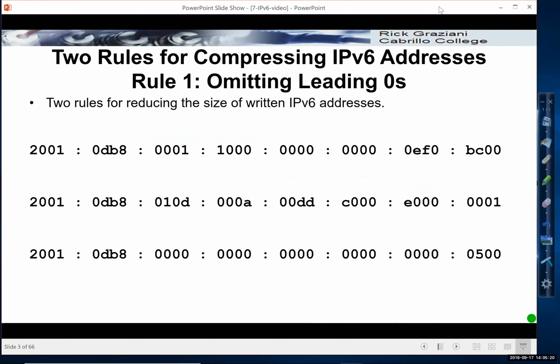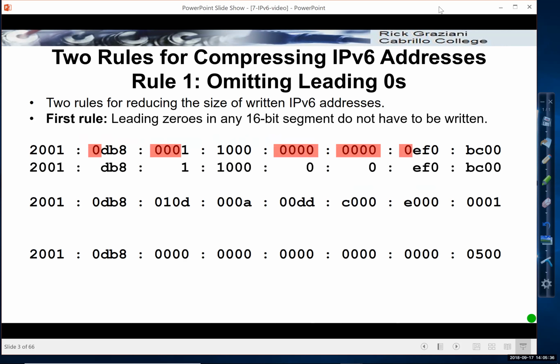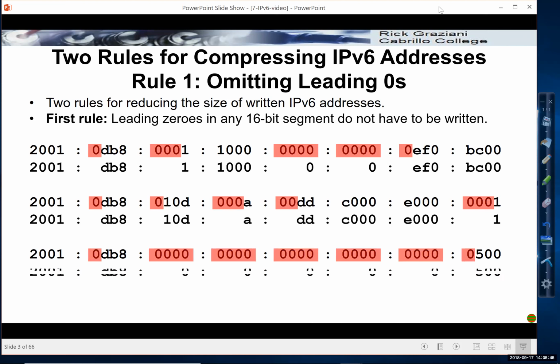All right. We have 2 rules for compressing how we write IPv6 addresses. Rule 1 is that we can omit leading zeros in any 16-bit segment. So find just where we have leading zeros, not trailing zeros, and we can omit those zeros. I'm leaving the spaces just so it's easier to see.